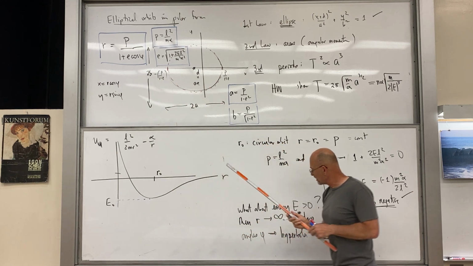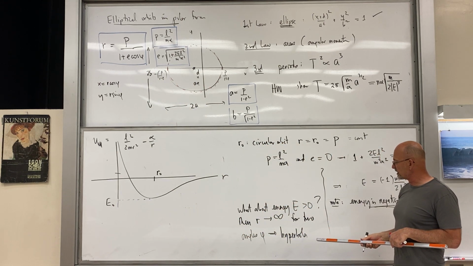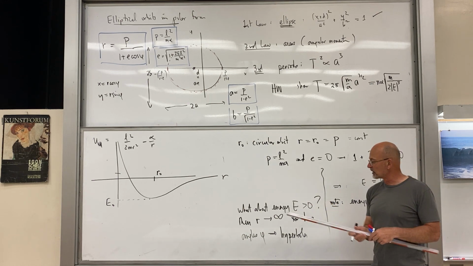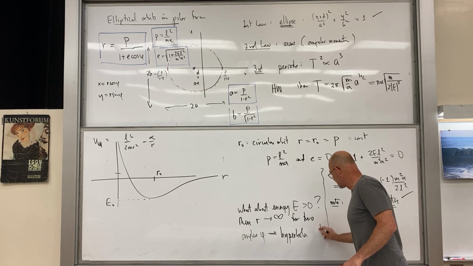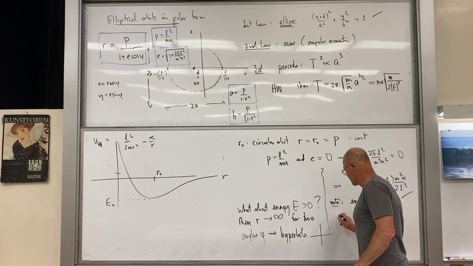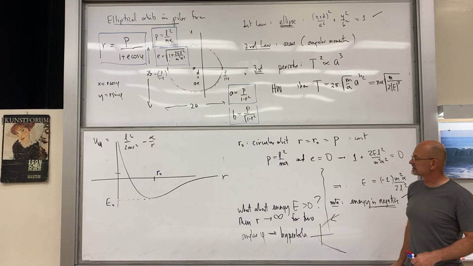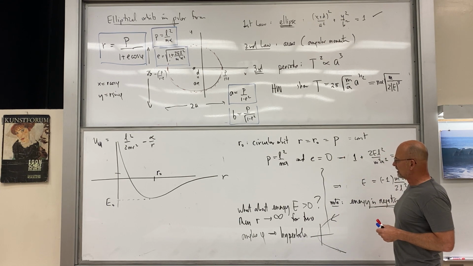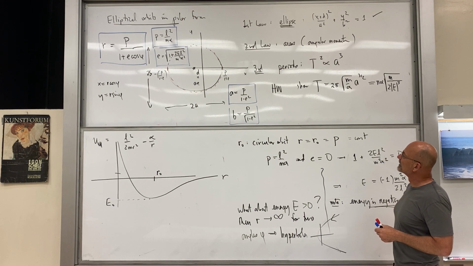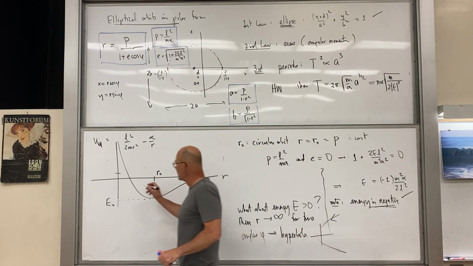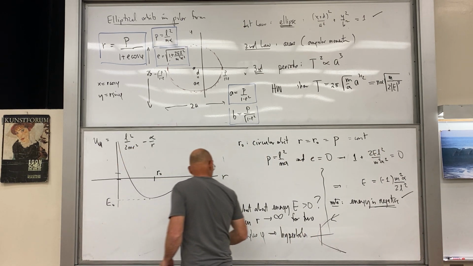We're not going to go there, but that's actually an important orbit as well. What we do see is that it clearly diverges, and you're looking at the situation where the particle comes in from infinity and goes back out to infinity, something like that.